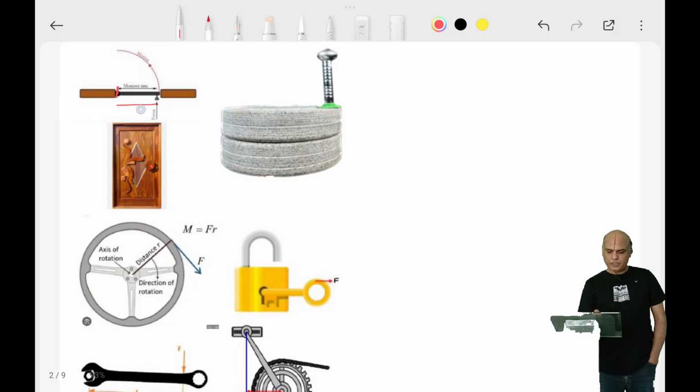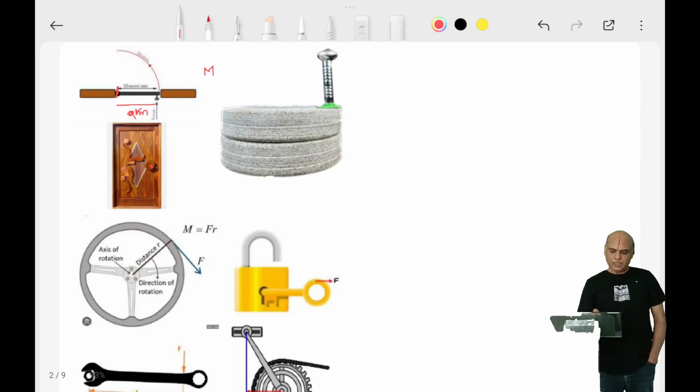This distance is called the arm of the force or arm of the moment. So this force into this arm will give you the moment of this force applied on the knob.